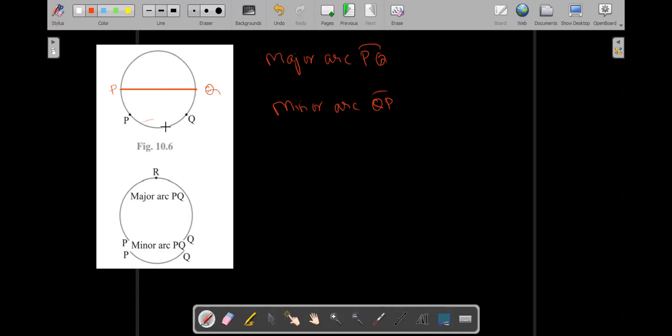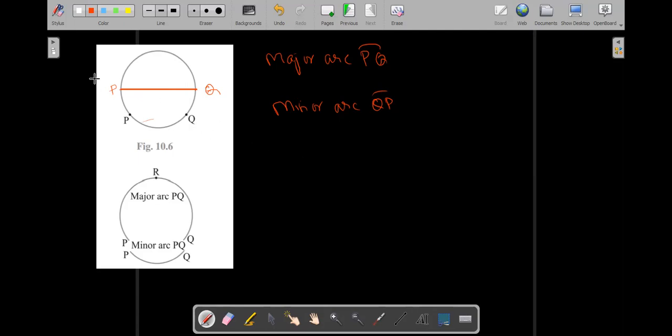We cannot say major and minor, because if these are not the end points of the diameter, then one arc will be bigger, one will be smaller, so bigger will be major. But when P and Q are on the diameter, it is dividing the circle into two semicircles.